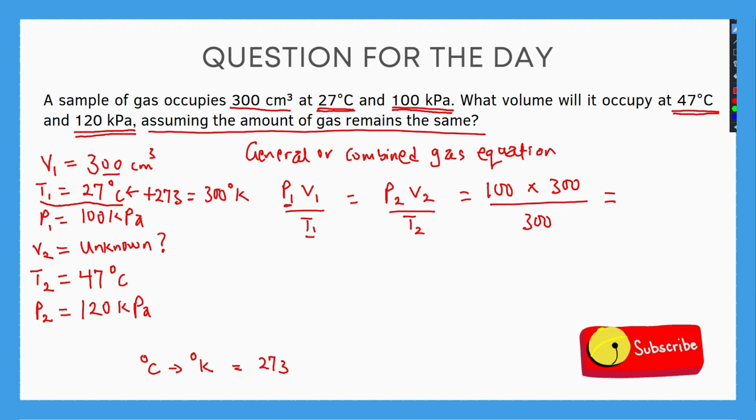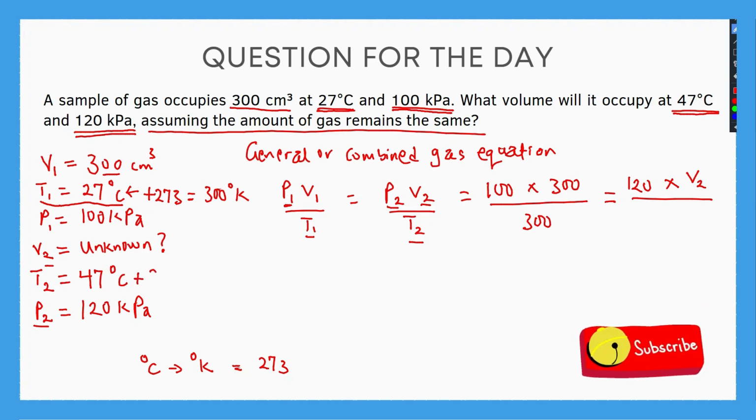So T1 over here is 300. This is equal to P2, which is 120 kilopascals, multiplied by V2. V2 is unknown, so we just simply put V2 over here. We can put X, we can put V2, whichever one we choose, but in this case, we're using V2 directly. Now, T2, which is the second temperature, is 47 degrees Celsius.